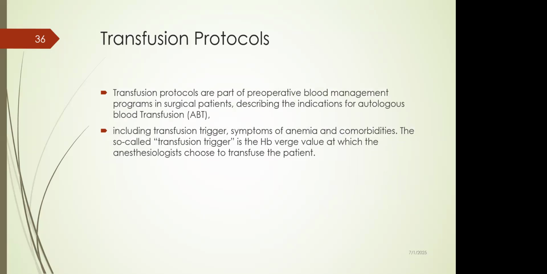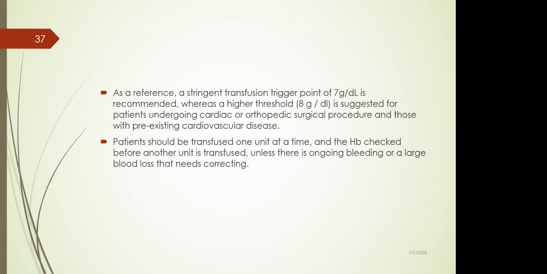Now, transfusion protocols are part of preoperative blood management programs in surgical patients, describing the indication for autologous blood transfusion, including transfusion triggers, symptoms of anemia, and comorbidities. The so-called transfusion trigger is the hemoglobin value at which an anesthesiologist chooses to transfuse the patient.